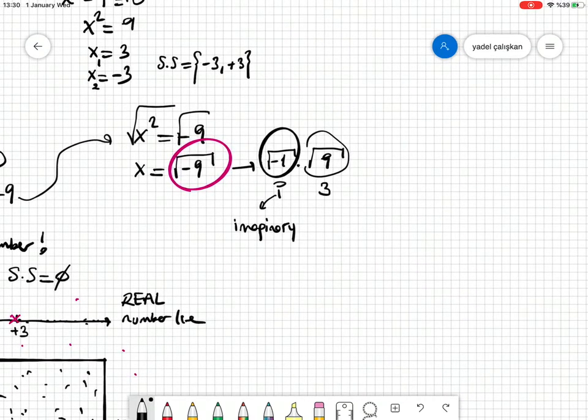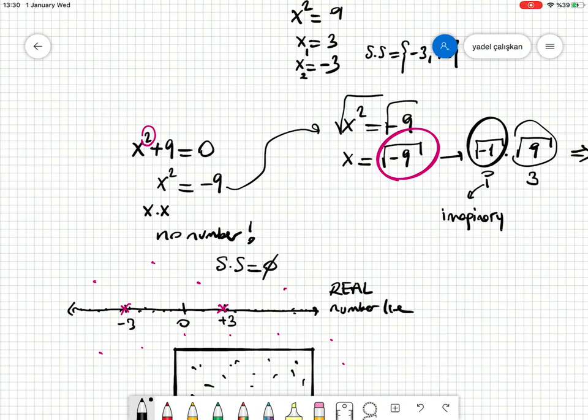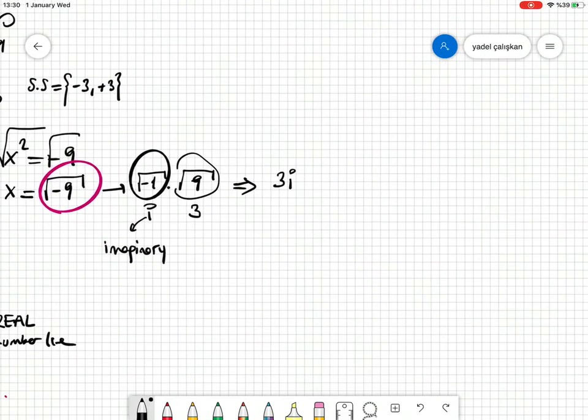Euler decided to use the expression i because he would have to write the same expression again and again. Then he decided to give a sign to express this. You can say now 3i is a solution for these equations, but this solution is not on the real number line. This is a different kind of thing.